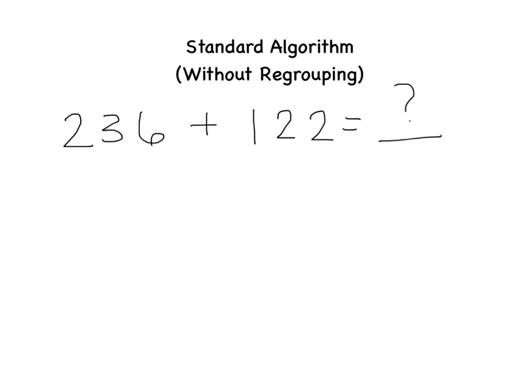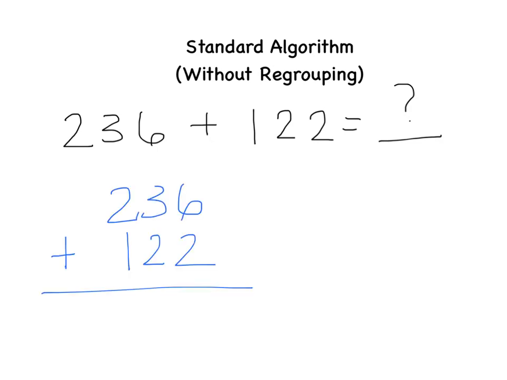Alright, boys and girls, so to use the standard algorithm for addition and subtraction, our first step is to rewrite the equation, lining up the hundreds, the tens, and the ones. Once we have rewritten our equation and are ready to solve, we must remember that we always start adding or subtracting in the ones column.